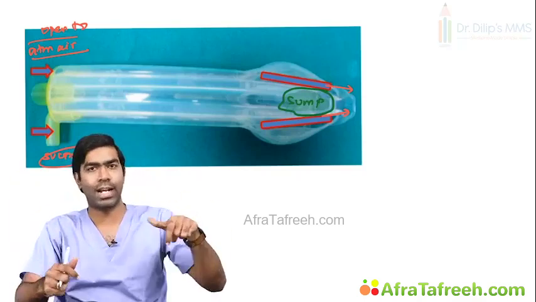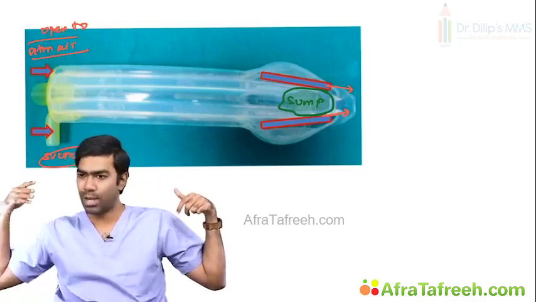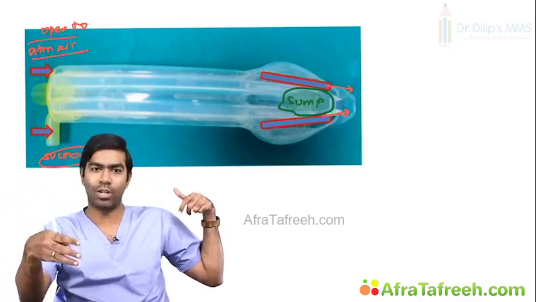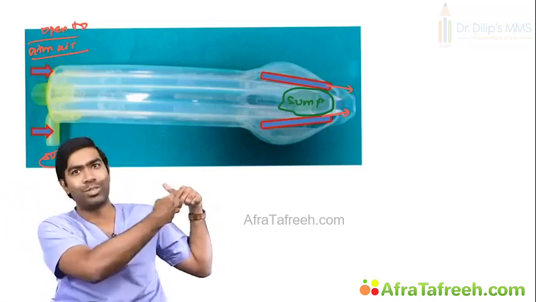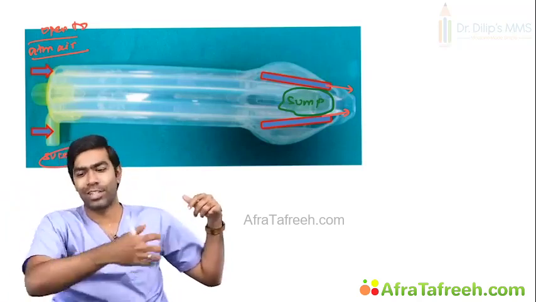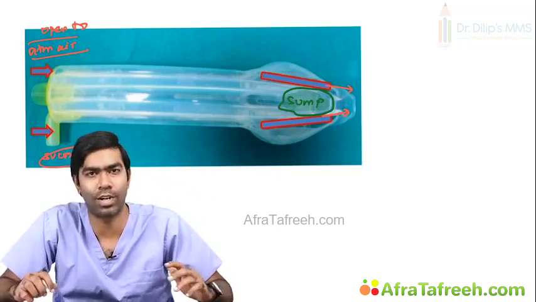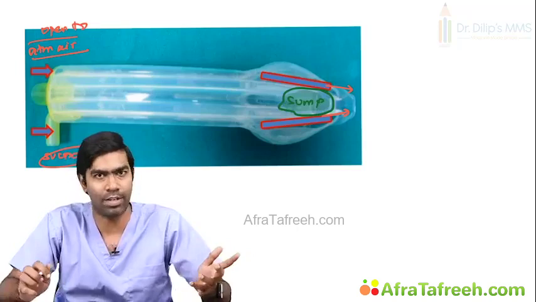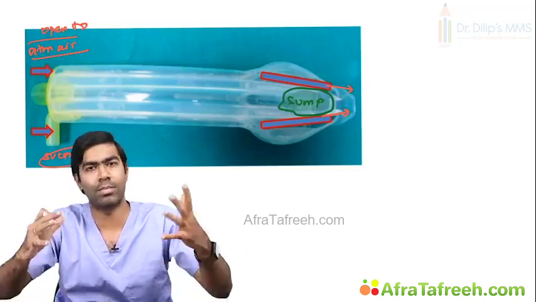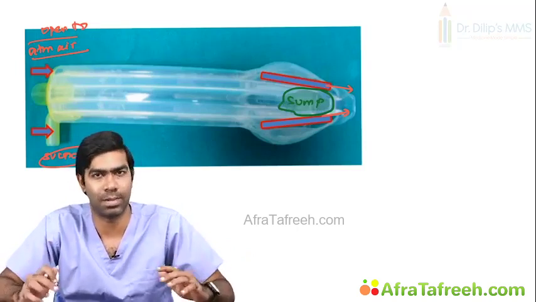Even if you put negative suction through this port, the atmospheric air will come through the other port and push the secretions through the port that you are giving the suction. This is a very brilliant and wonderful idea. So the entire concept of the gastric drain is changed by this Baska mask.